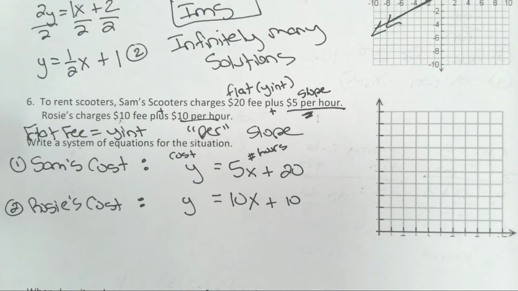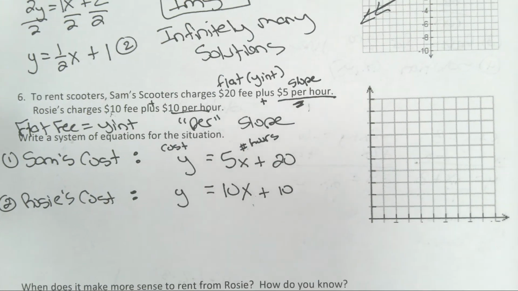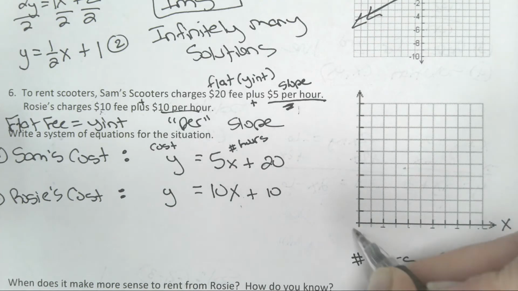All right, so we have to label it all. So x was the number of hours. So when I label it, x is going to be the number of hours that I rent it for.